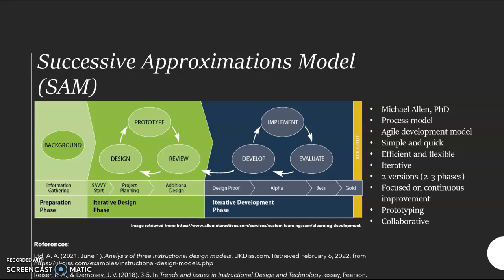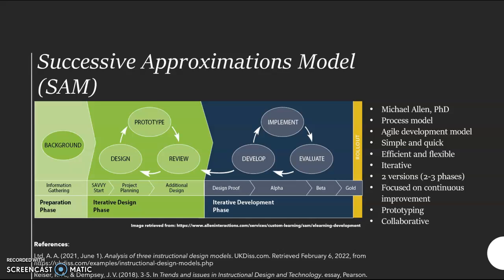There are 2 versions depending on the size and scope of the project and the time constraints. It can be a two-phase version or a 3-phase version. In the 2-phase version, the design and development phases are simply combined into 1 phase in order to expedite the creation of these prototypes.